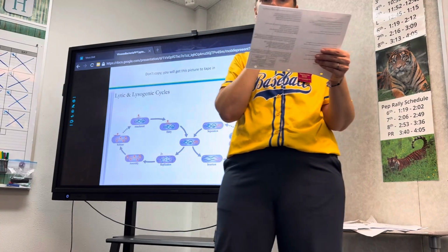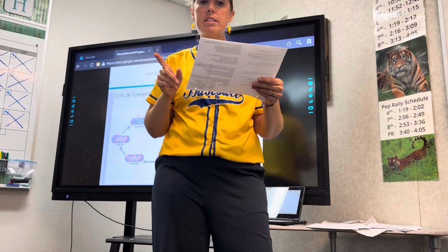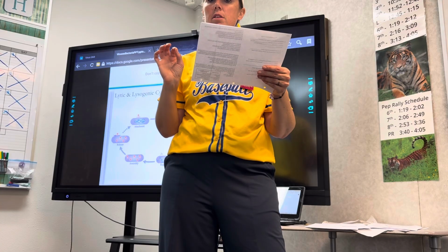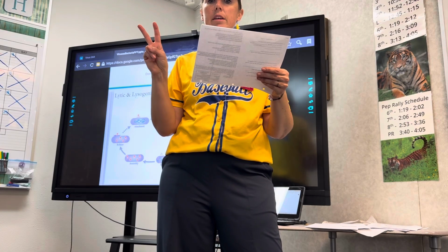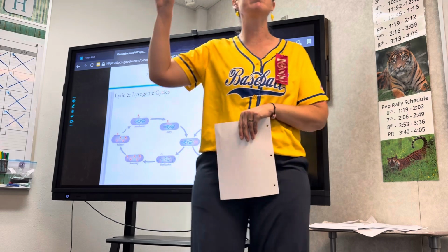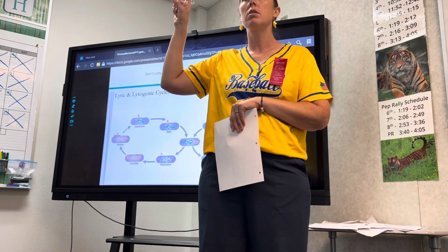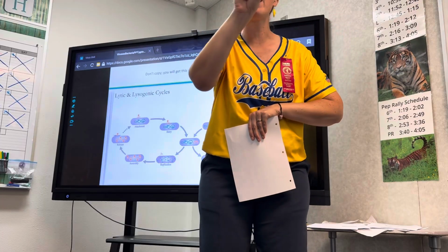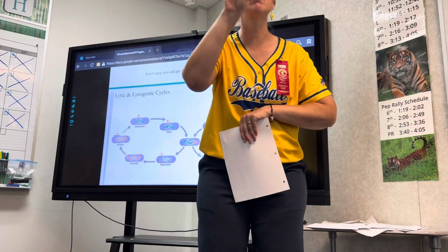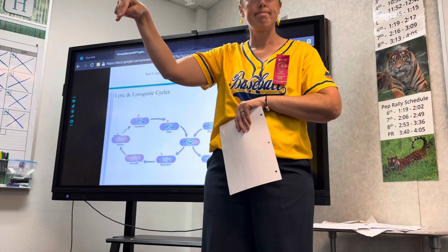Okay, 9, almost done. People infected with the human immunodeficiency virus, HIV, have an increased risk of dying from a secondary infection such as pneumonia. What did we say our primary infection was? The first infection you have is always your primary. So what is a secondary? Good.